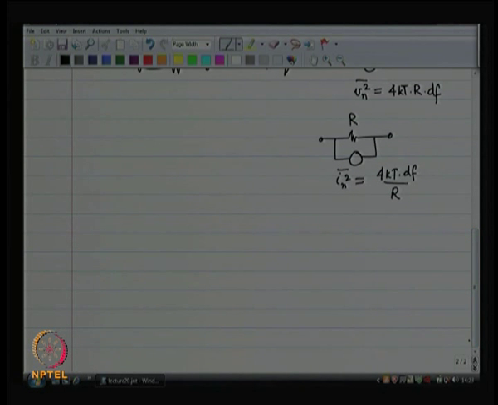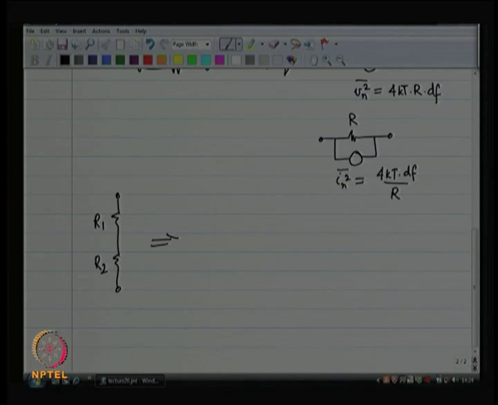Then what we did was we put two resistors, let us say R1 and R2, in series. When you put R1 and R2 in series, it is natural to combine the two into one combined resistance R1 plus R2. Now, does this work in terms of noise as well?